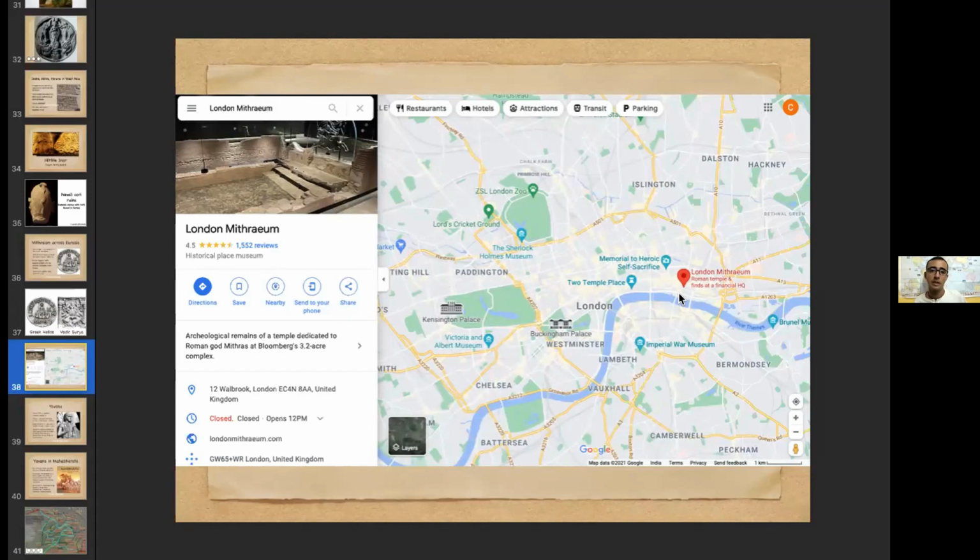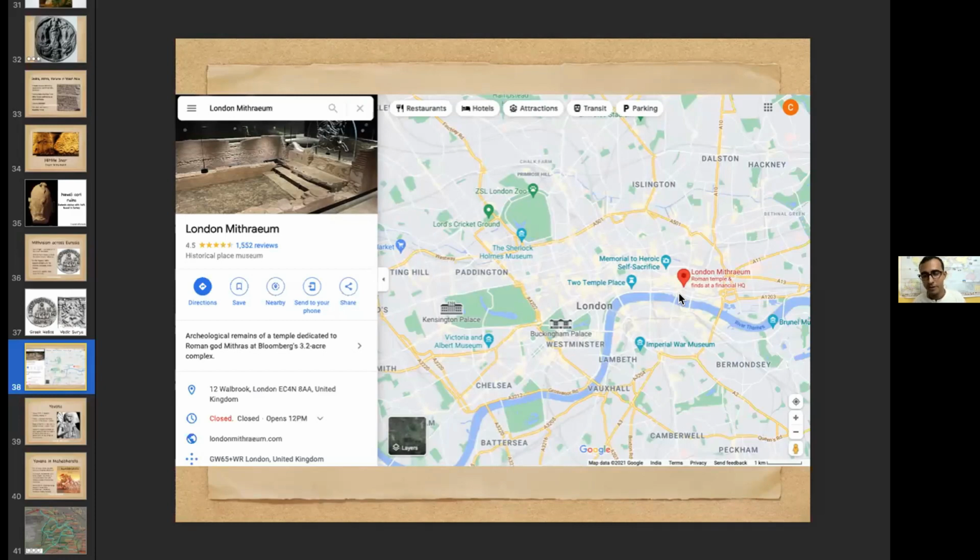The London Mithra temple, the way they found it was very interesting. During World War II, London was heavily bombed by the inimical forces like Germany. I don't exactly remember which country bombed it in this place, but one of these inimical countries, probably Germany, Japan, or any other country. When these forces bombed London, below the rubble of a building, they found something when the war was over and they had to reconstruct damaged sites.